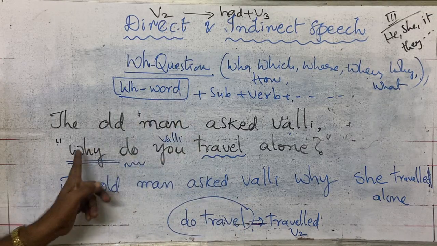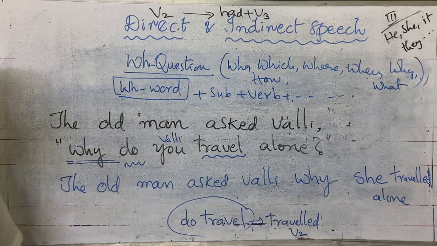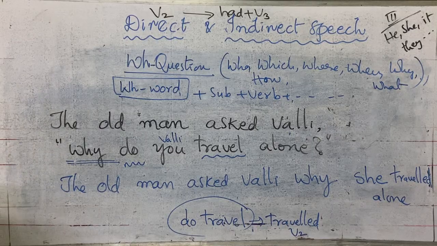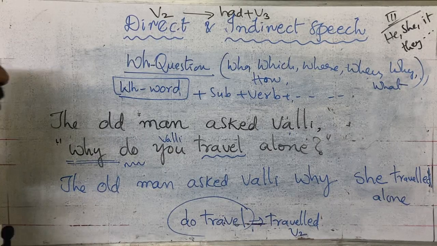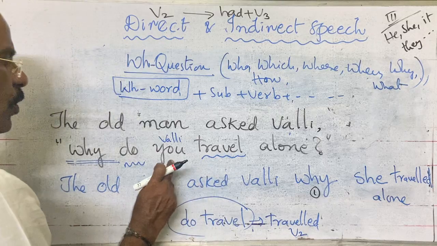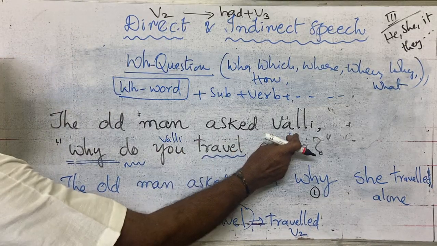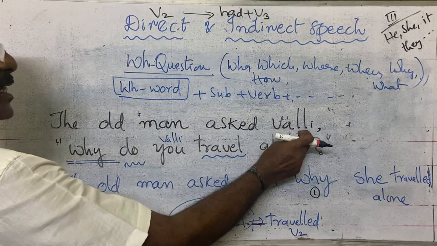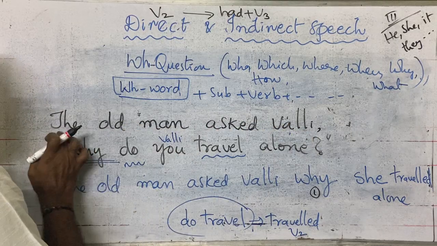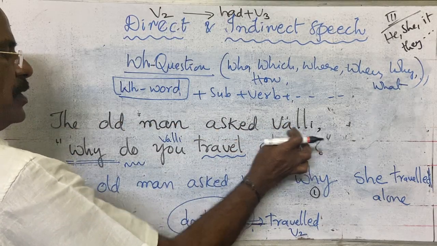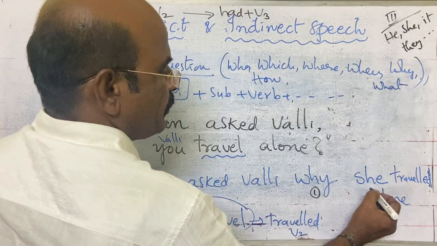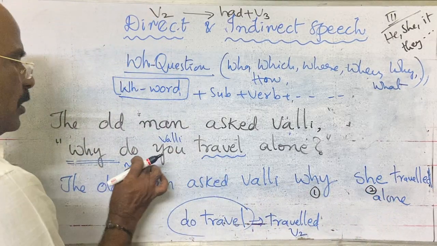Once again, the old man asked Valli. Conjunction is the WH word, so we take why. That is the first change. After that, the subject. What is the subject? Valli, she. Why? Because before the old man, Valli is there. This person is speaking, she is listening. So you means she. Second change: verb do travel.